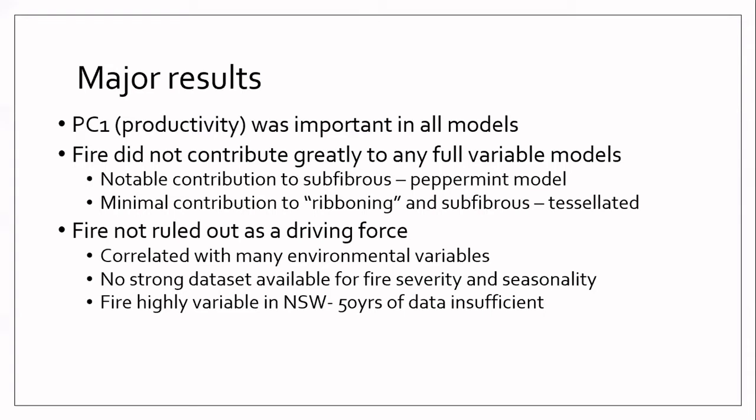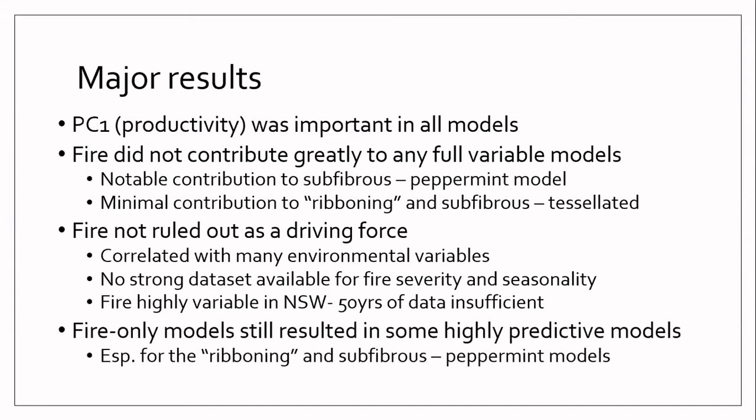In the last 50 years, we've seen a big change in fire regimes in New South Wales. And so when most of these trees were established, the fire regime probably differed from the last 50 years. So I'm not ruling it out. And I also did find that the fire only models, even given all these caveats, had some highly predictive models, up to 70% accuracy, especially for the ribboning and subfibrous peppermint models.